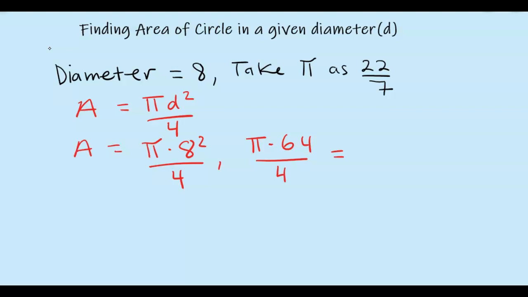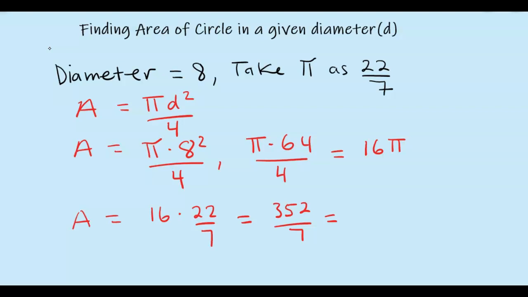Here 64 divided by 4 gives us 16, so we get 16 pi, but we want to take pi as 22 over 7, so we can say that the area is 16 times 22 over 7, and that will give us 352 over 7, and then we put it in our calculator.